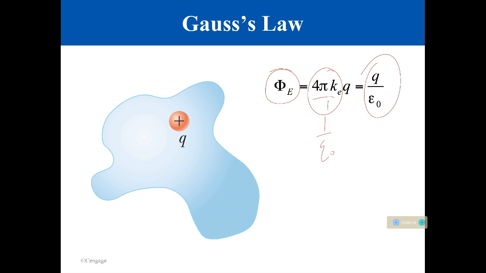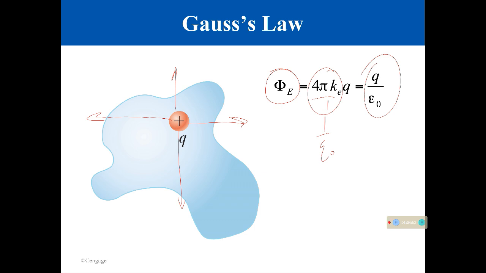Now, let me finish my thoughts here, and then I'll tackle any questions. You see this weird shape up here. Does the fact that I drew a weird shape instead of a sphere change how many lines are leaving it?